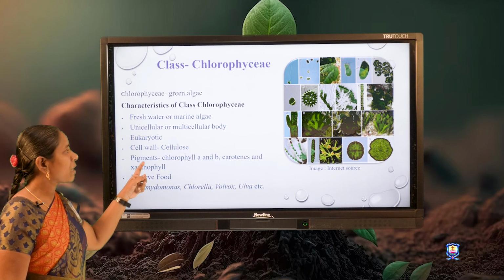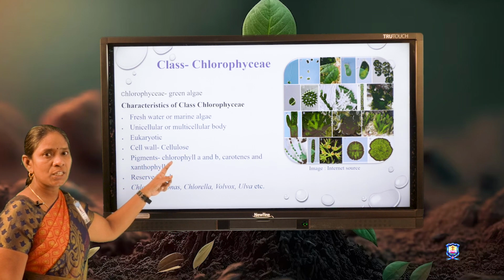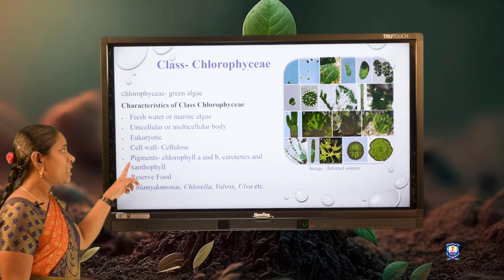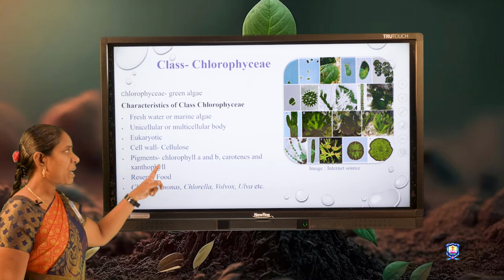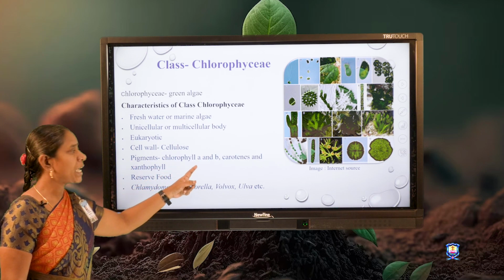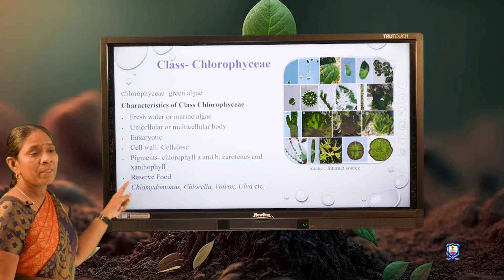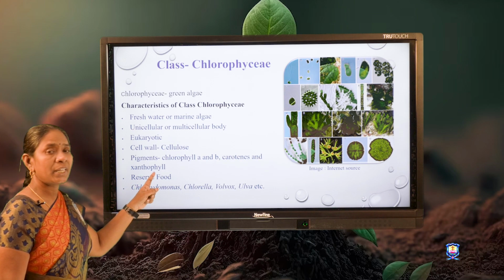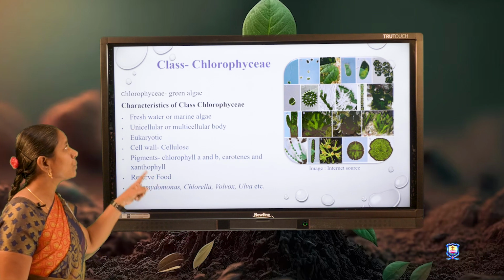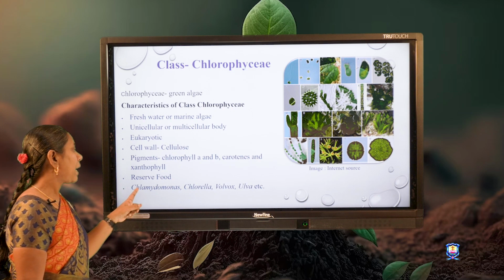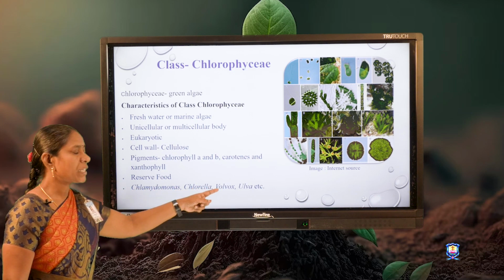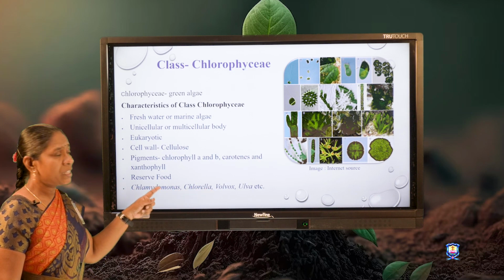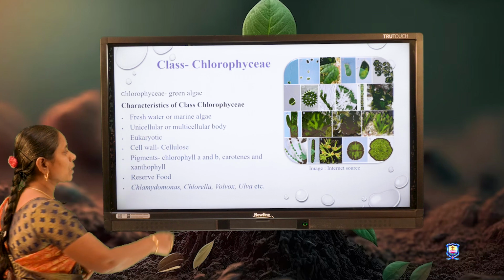The cell wall is composed of cellulose and it also consists of polysaccharides. The various pigments found in the chlorophyceae members are chlorophyll A, B, carotenoids and xanthophylls. Starch and oil are the main reserve food in the class chlorophyceae, and Chlamydomonas, chlorella, volvox and Ulva are common genera in the class chlorophyceae.